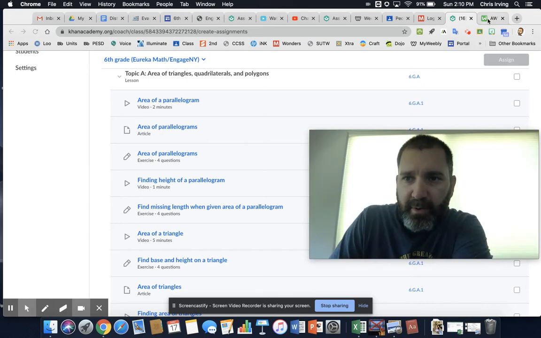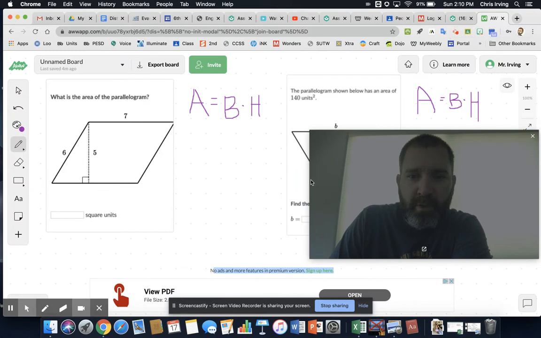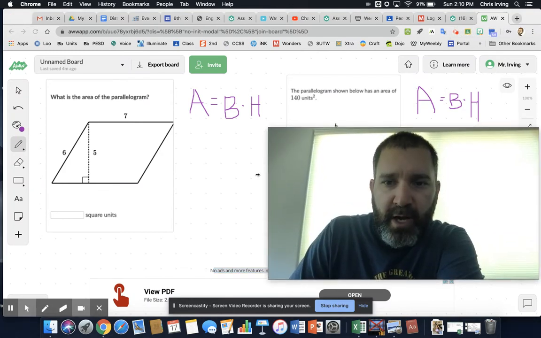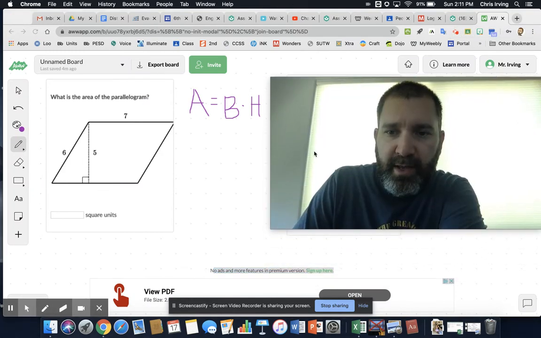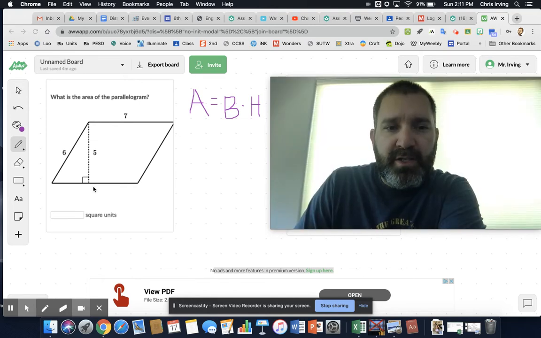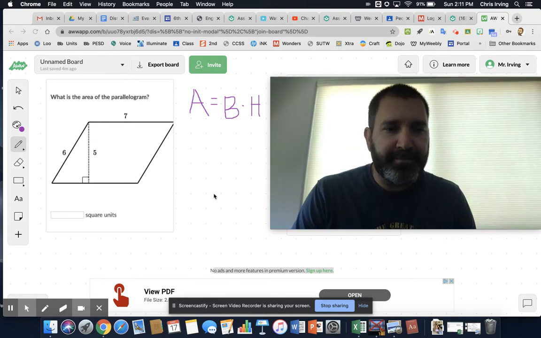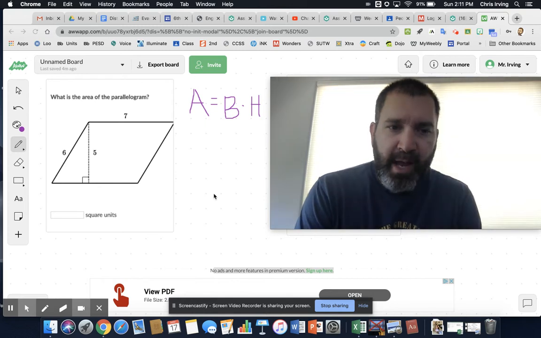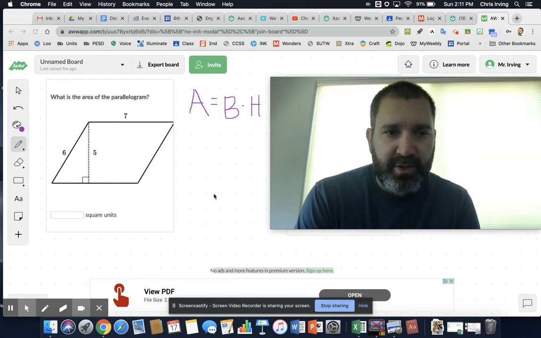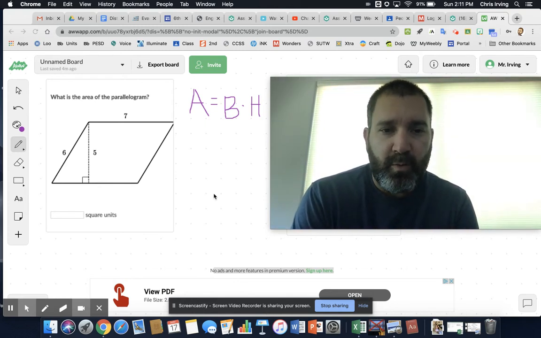I'm going to go to my whiteboard here, where I've got a couple of really good problems set up for you. Let me enlarge the camera here. Let's take a look at the left side of your screen. This is an example of a test question you would receive, whether on my test or on the state test.